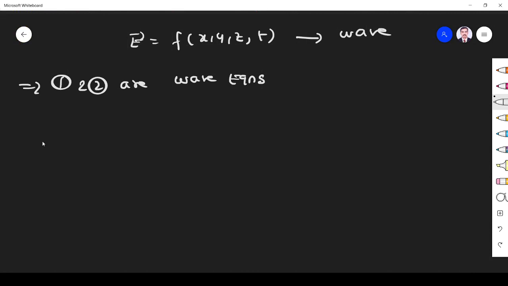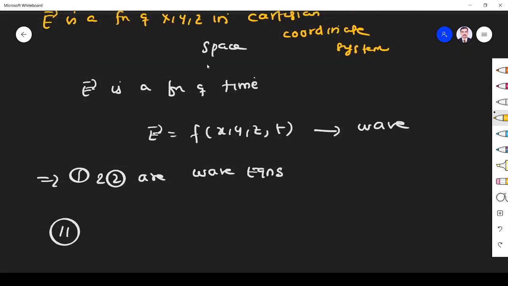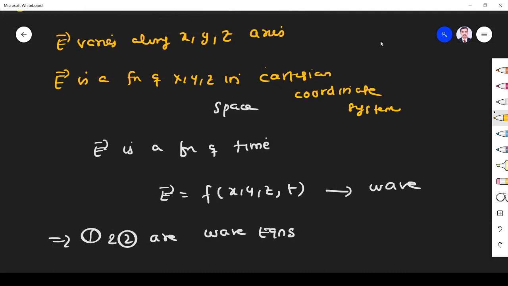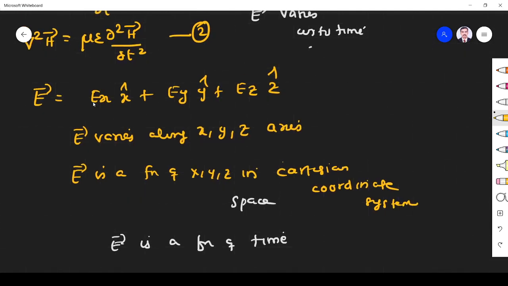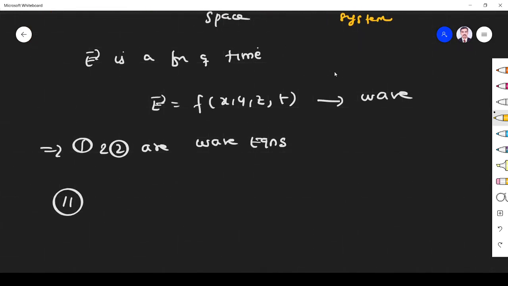The second point we have to notice is that E has three components, Ex, Ey, and Ez. Yes or no? So what will happen to del squared E, that is the left hand side?